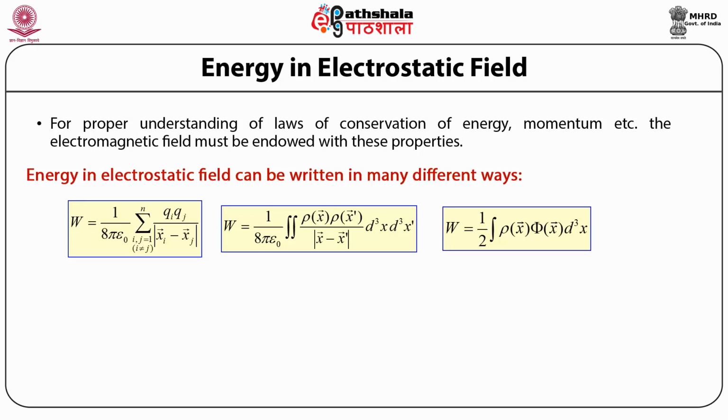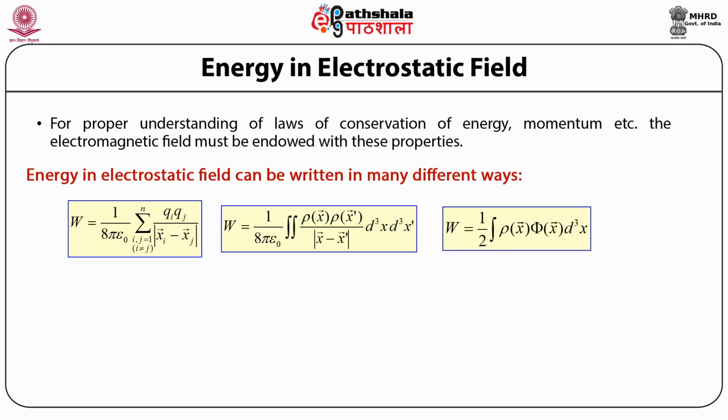Now we can further modify this relation by using the definition of the electric potential in electrostatic fields. We know that the Poisson's equation, the Laplacian operator acting on the electric potential, gives minus the charge density upon epsilon naught.